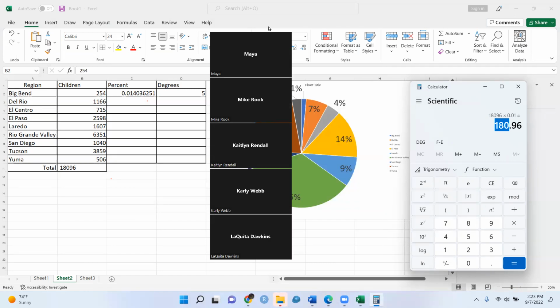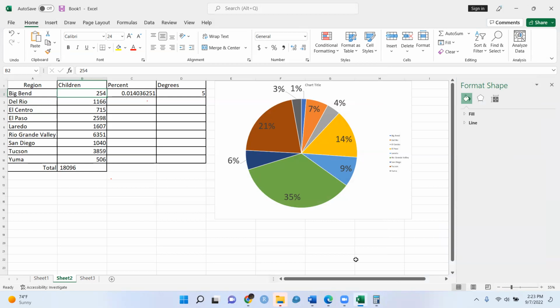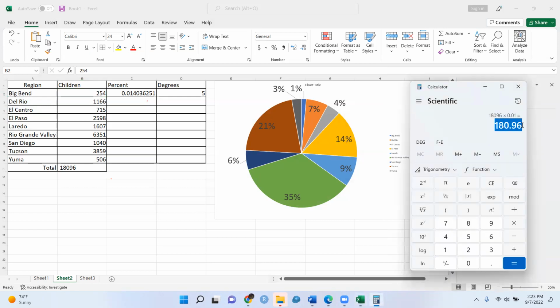So why is it that when I take the 1% from the pie graph, which is what I did right here, and do 0.01 times the 18,096 and get 180.96 children, or 181 children, why is this number so different than the actual number that were apprehended at, or encountered at Big Bend?